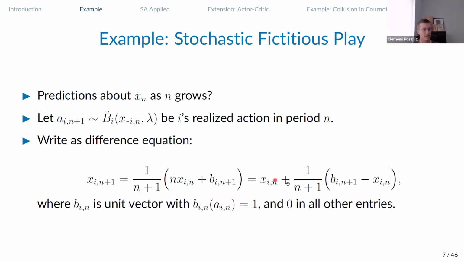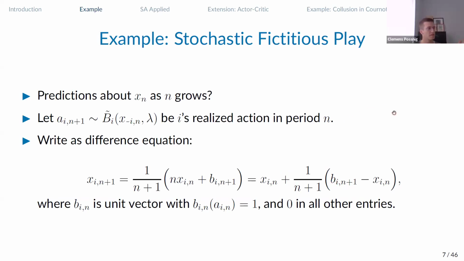Xi n+1 is xin plus the increment of your empirical frequency, where I call bi n+1 now the vector of the realized action. So it's going to be all zeros except for the one in the entry of the action that was actually chosen in that period. And that's how you can write, succinctly, the empirical frequency evolution as a recursive stochastic difference equation.